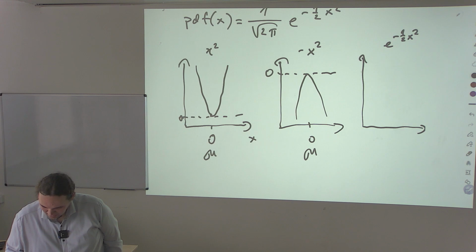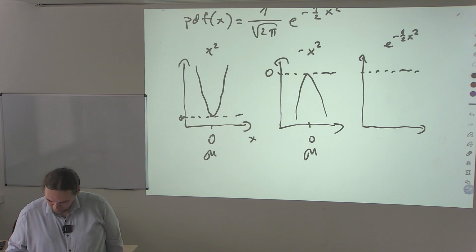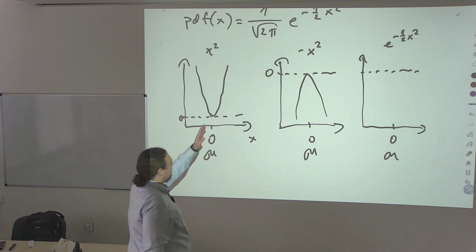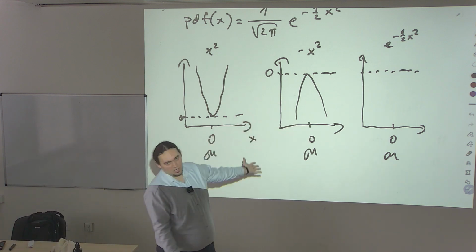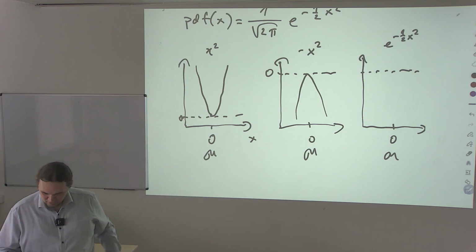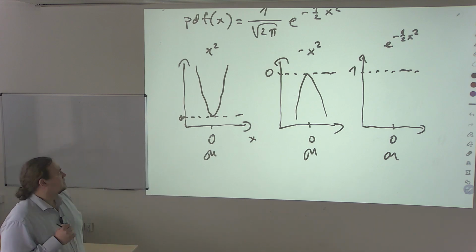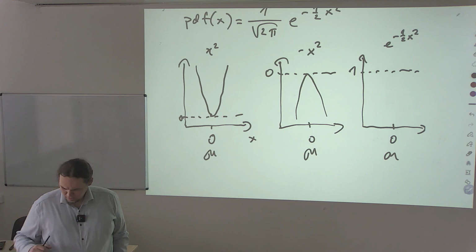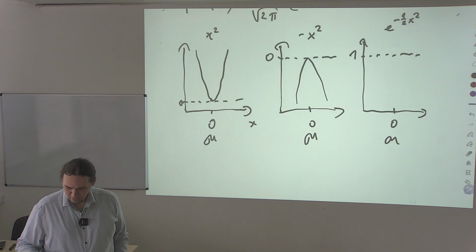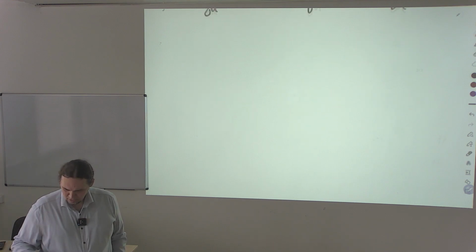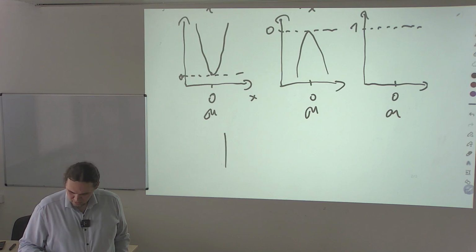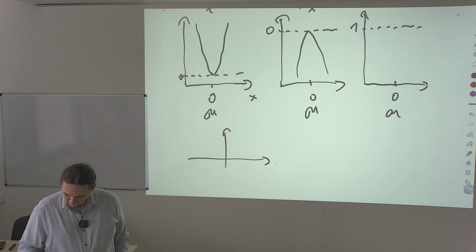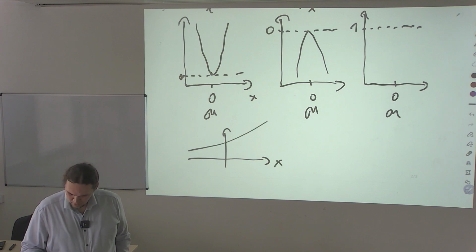Okay. So let's do it point by point. So at the point 0, we get x squared times minus 1/2 will still be a 0. E to the 0 will be 1. And now, the exponential function, yeah, we all know it.